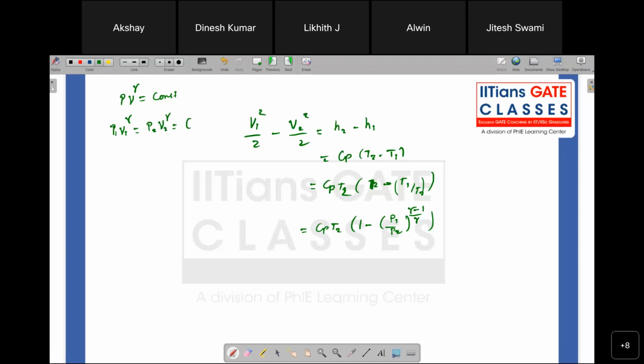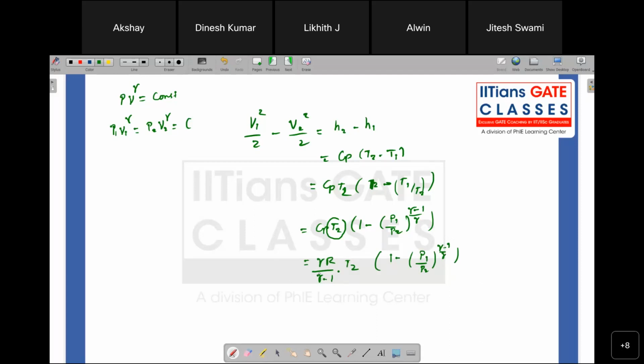That means I can write this T2 in terms of pressure, because Cp is nothing but gamma R divided by gamma minus 1, times T2, times (1 minus P1 by P2 to the power of gamma minus 1 by gamma), where this term remains the same.